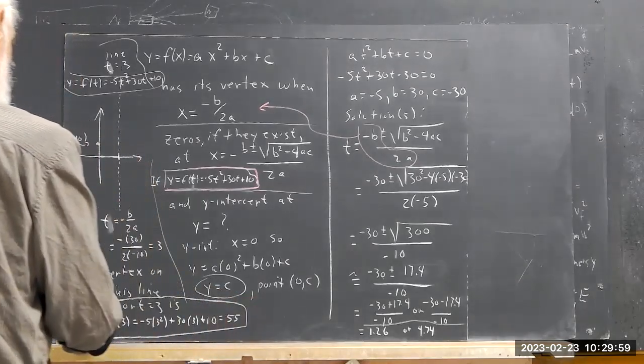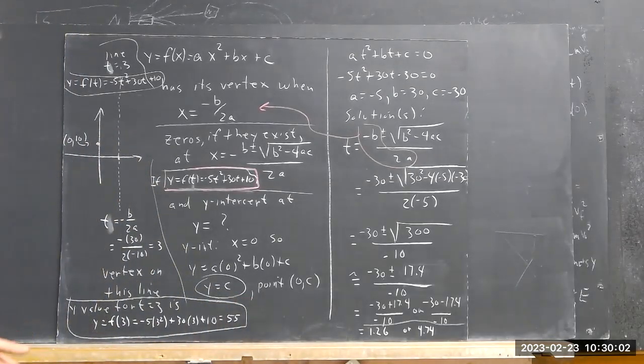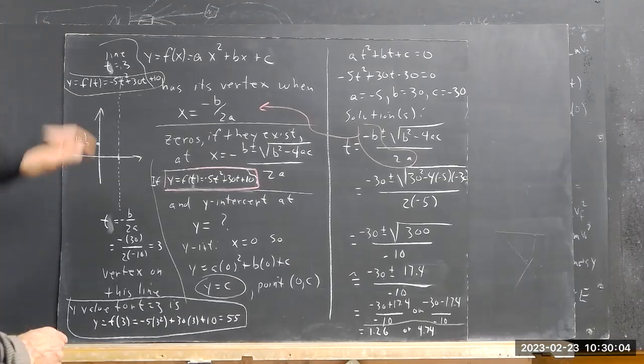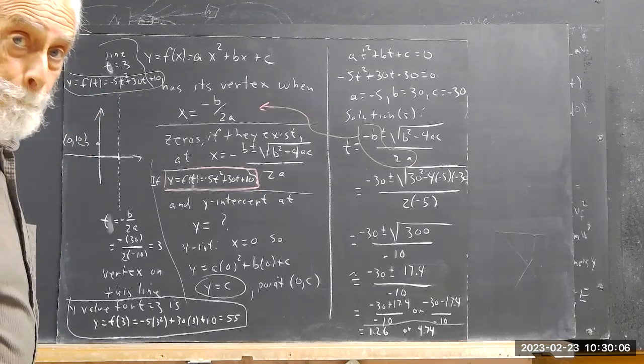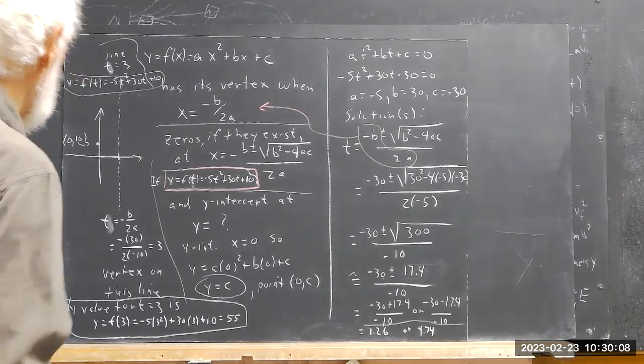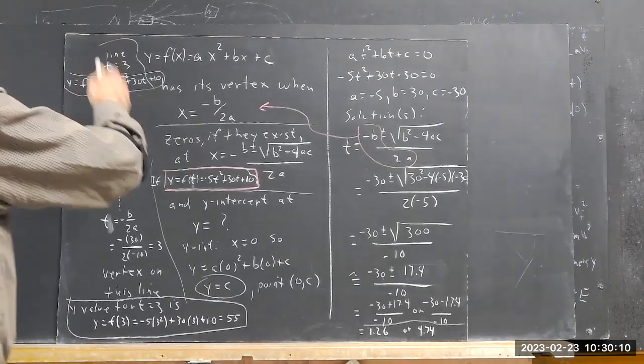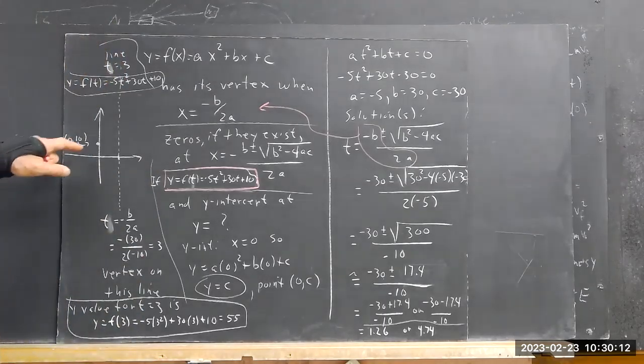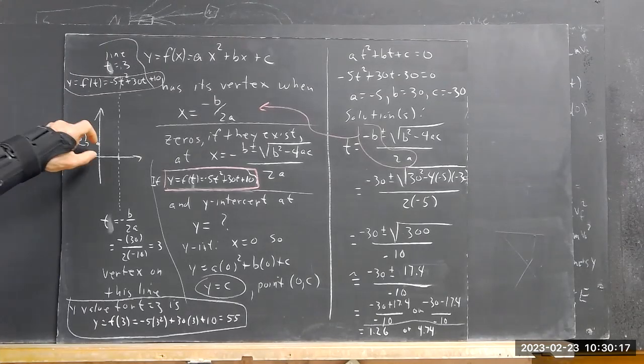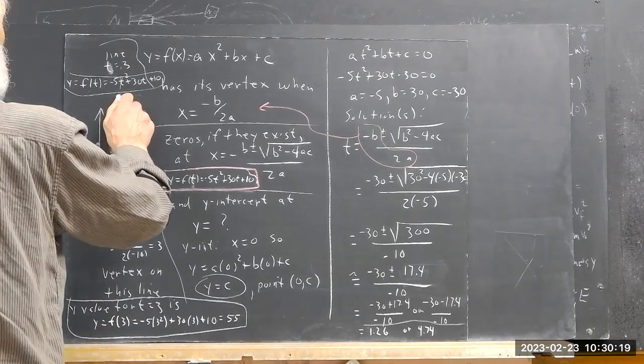So now I can put that y value on the graph. I'm going to put 55 someplace on this line. If I've already written out my y-intercept, that's 10, so 55 is going to be up maybe about here.